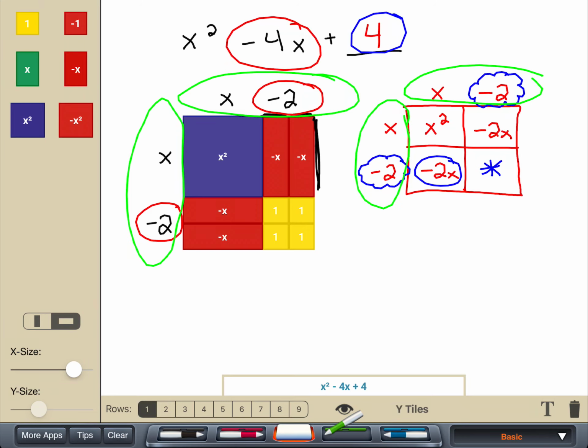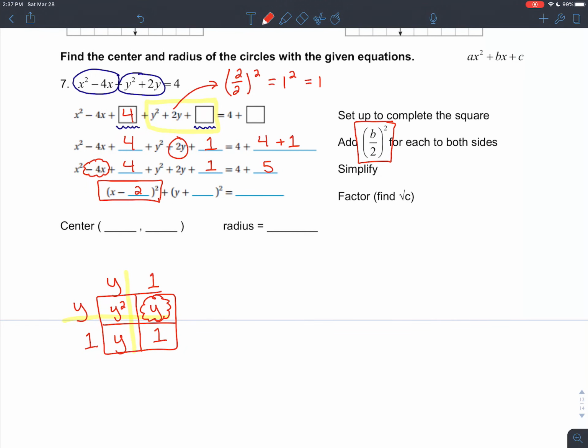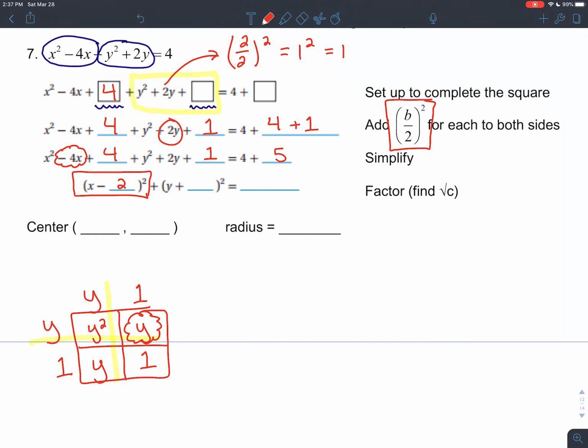Right, so if I bring that down, we know that we can write something like that as x minus 2 times x minus 2, but that's the same thing as x minus 2 squared. So all we're doing is rewriting it as x minus 2 squared. Same thing here. We have y plus 1 and y plus 1.